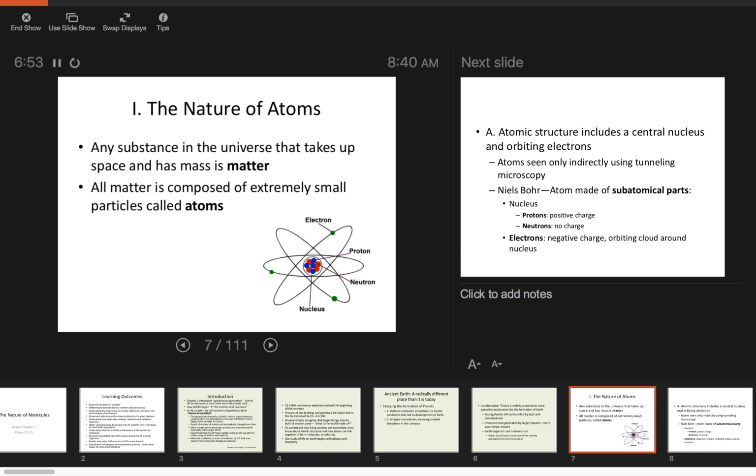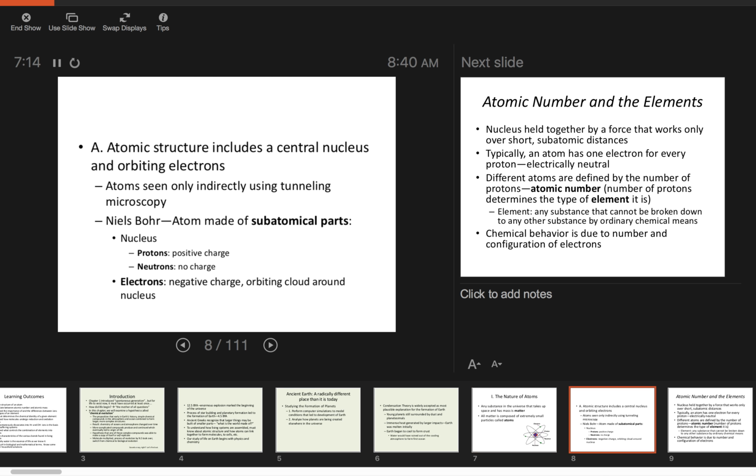Okay. All matter is composed of extremely small particles called atoms, and now we know that the atom has subatomic particles like protons, neutrons, and electrons, and even particles that are smaller than protons, neutrons, and electrons themselves. So we just keep breaking it down. But it does include a central nucleus with electrons that orbit on the outside.